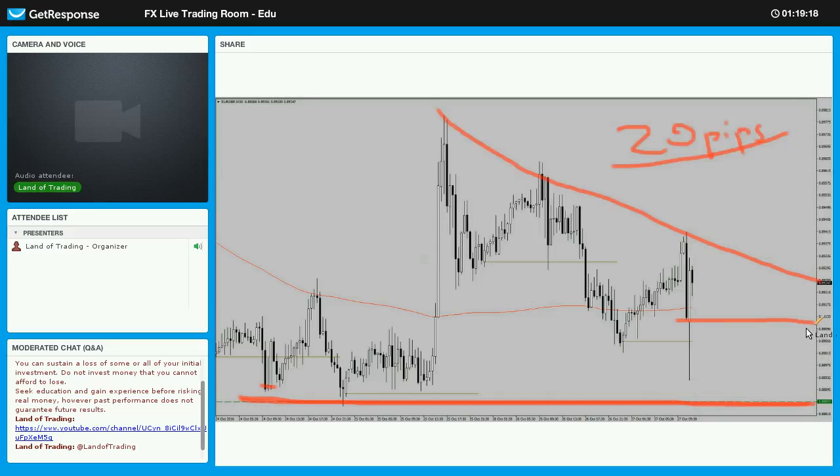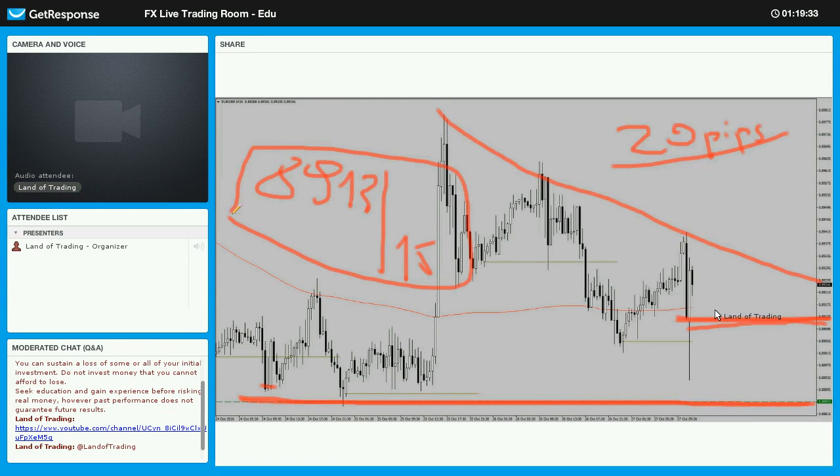Once we retest 15, when we retest this level 89, 13, 15, I'm going to move my stop to entry level, and we'll see how it's going to work out.